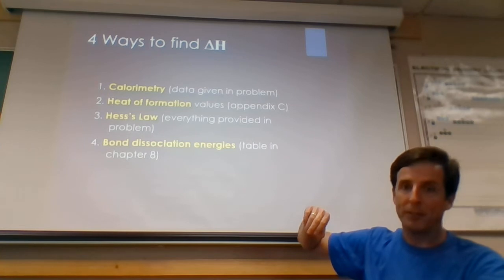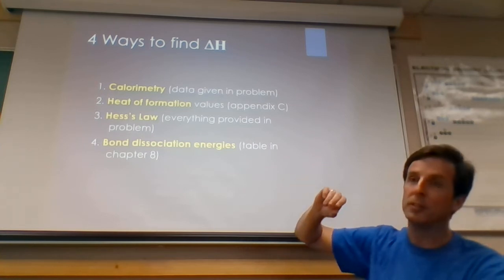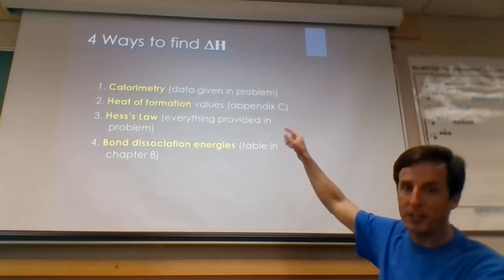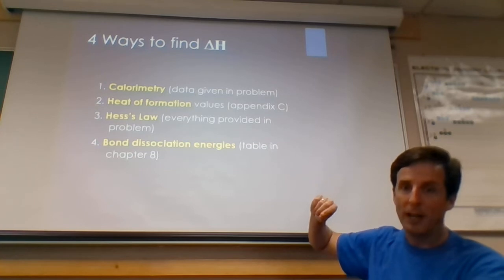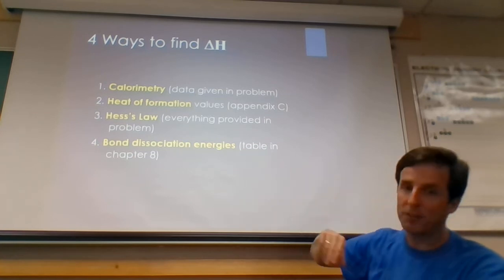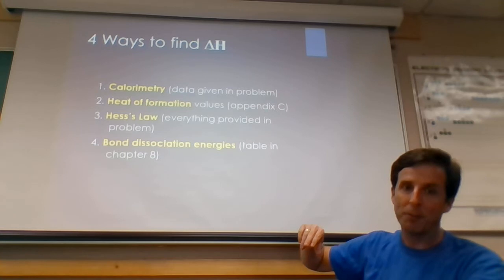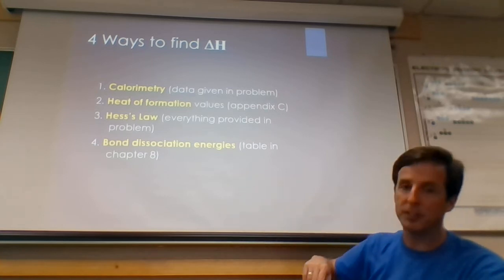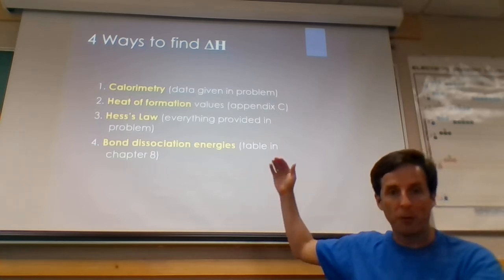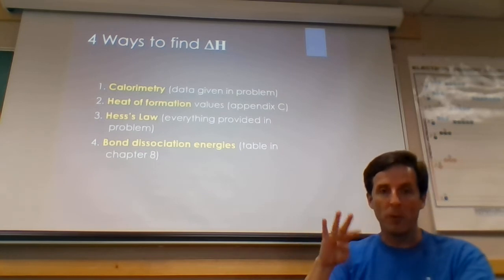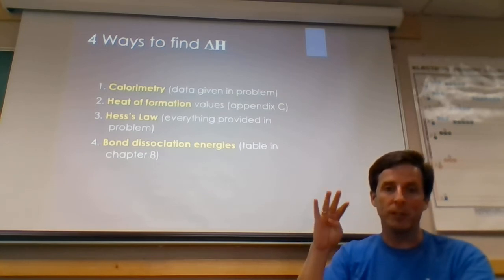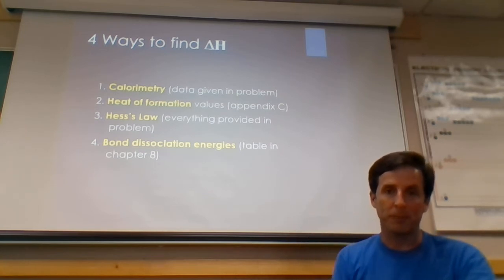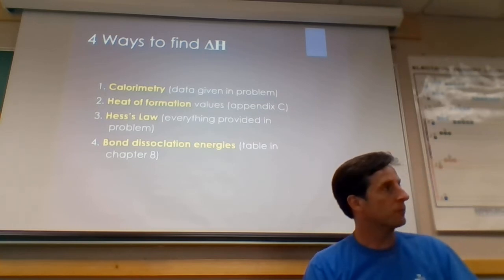You'll have a problem where you have to use heat of formation to find delta H. You'll have a problem where you have to use Hess's law to find delta H. And then you'll have a problem where you have to use the bond dissociation energies to find delta H. So we're about to go through all these methods, but there are 4 ways to find delta H. Make sure you are comfortable with all 4 of them. So we will go in order.